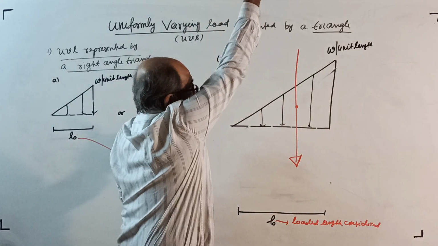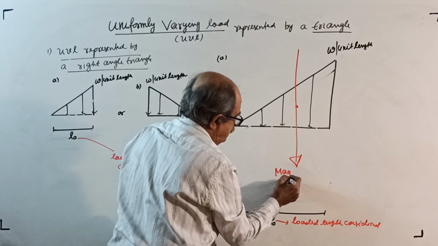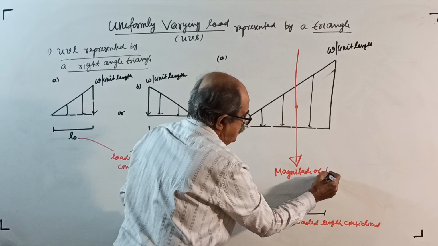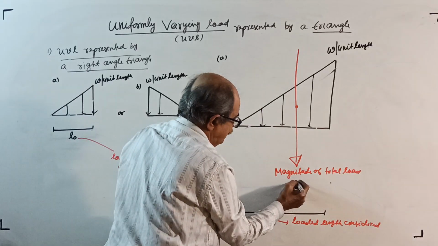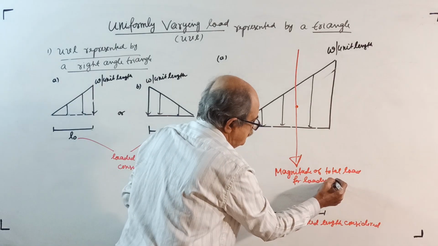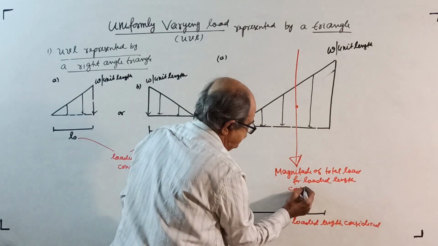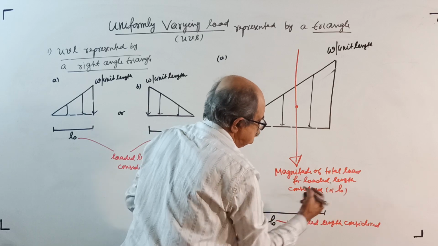See here. Yes, this is the magnitude of total load. Again and again I am writing: for loaded length considered. How many times am I writing, see, loaded length considered, that is L0 length. Okay.